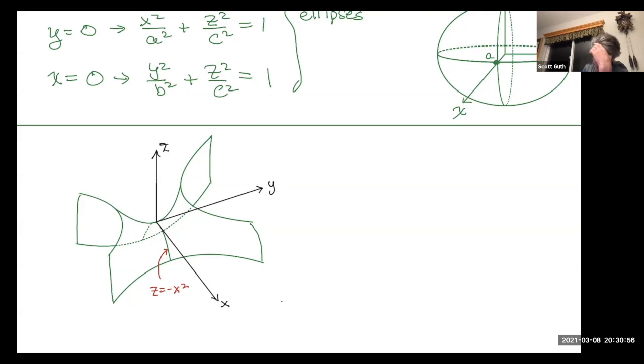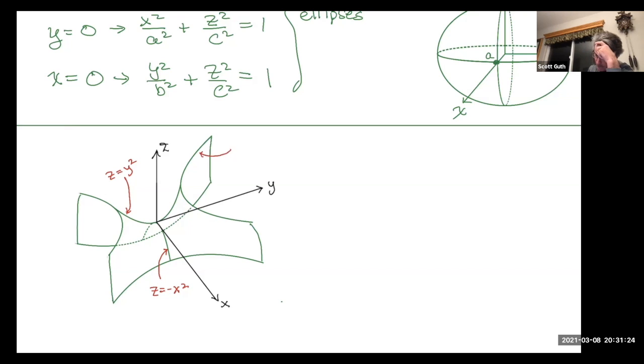That guy right there is z equals y squared. It opens upward. Okay. That's in the yz plane. Now, up where z is 1, we're going to have these traces here.